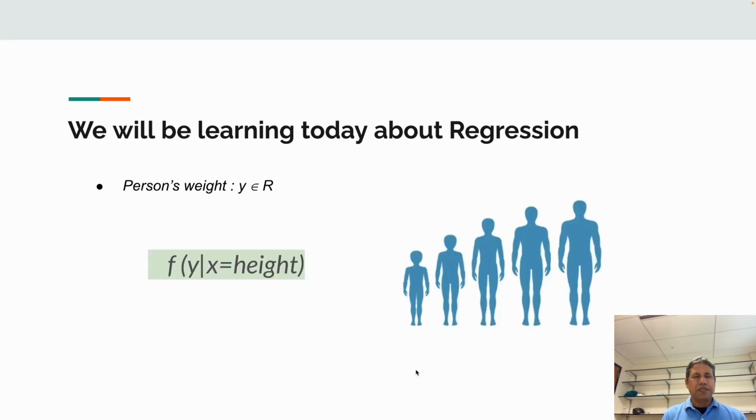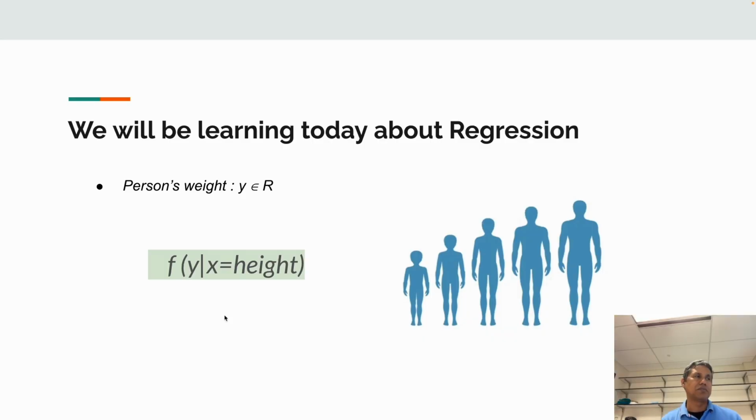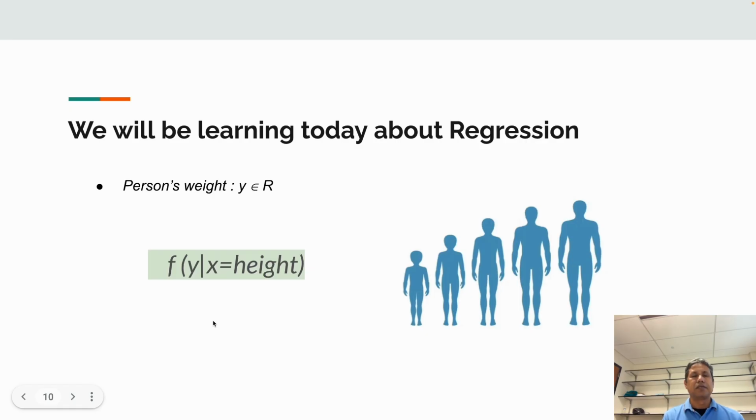So today we'll be talking about a very specific simple regression task. Given the information of a person's height, you have to predict his or her weight. This is a regression task, and you quickly figure out that height and weight have a correlation.